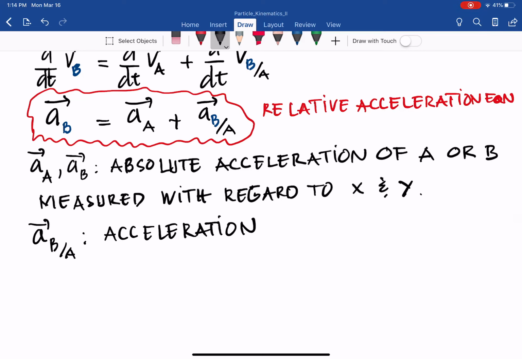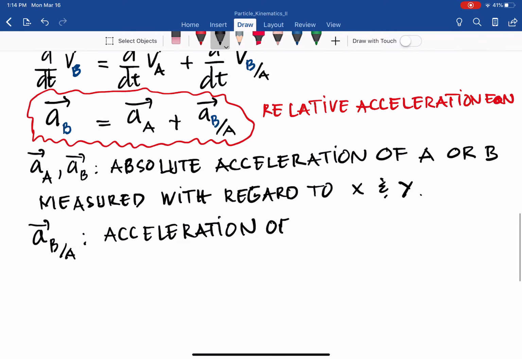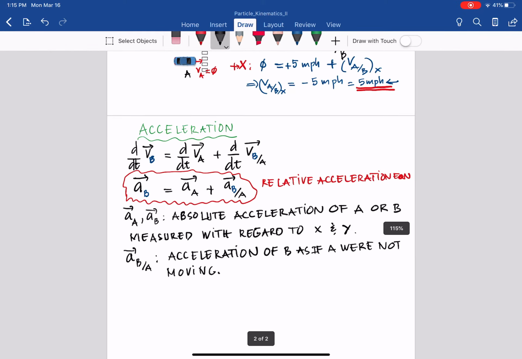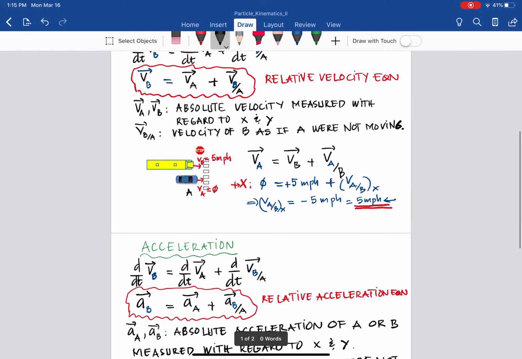In this case, it is the acceleration of B as if A were fixed or not moving. So that's the concept of the relative acceleration equation.